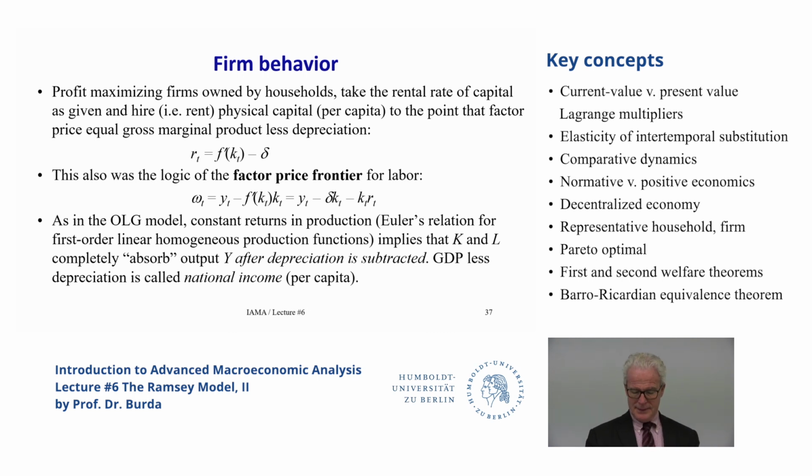So in a sense, because we have a constant returns production function, capital and labor absorb all the output after depreciation is subtracted. So basically, national income is partitioned in the neoclassical fashion that we discussed already in class.